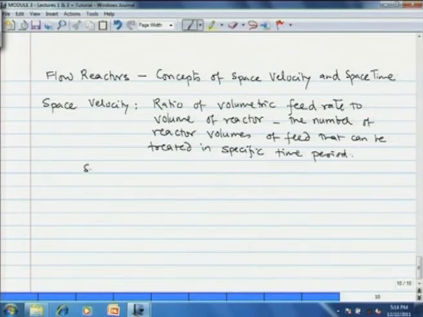So, mathematically the space velocity is Fi, where Fi is the feed rate of component i, divided by Vr, the reactor volume, into CiF, where CiF is the concentration of component i in the feed.